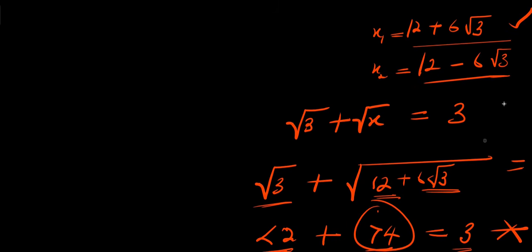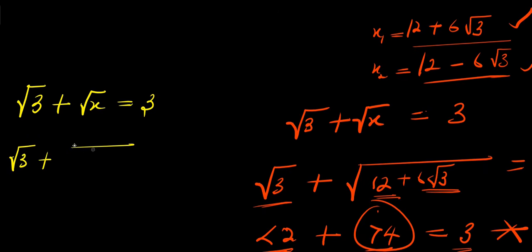Let's consider this one here. I have square root of 3 plus square root of x equals 3. x is 12 minus 6 root 3. Square root of 12 minus 6 root 3 equals 3.